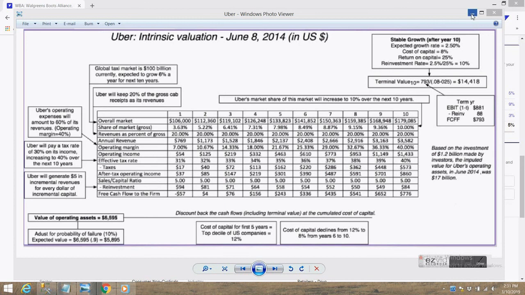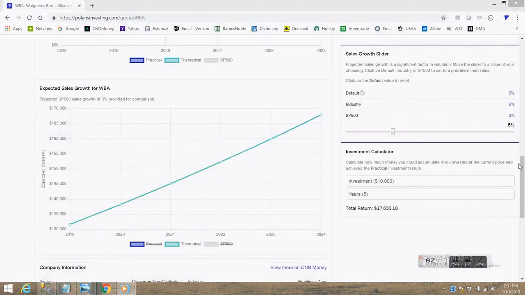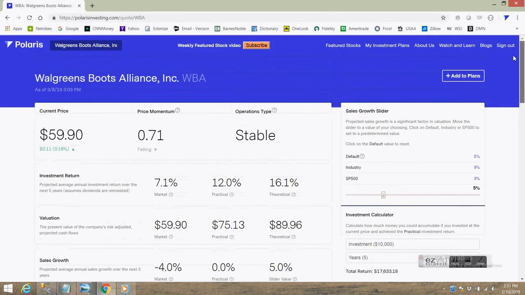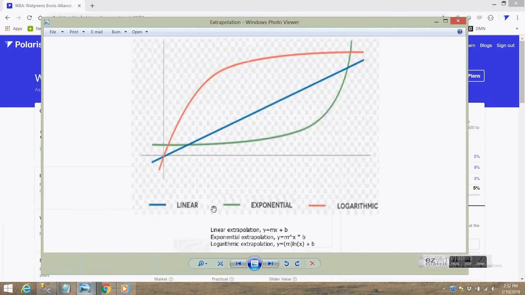Another approach to determine a value for the sales growth slider is to do something similar to what was done for the dynamic company when Polaris is calculating the default value, and that namely is to extrapolate: decide on what method you want to extrapolate, and what kind of historical data you want to reference in order to build out the extrapolation.